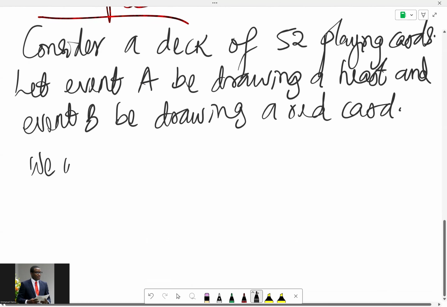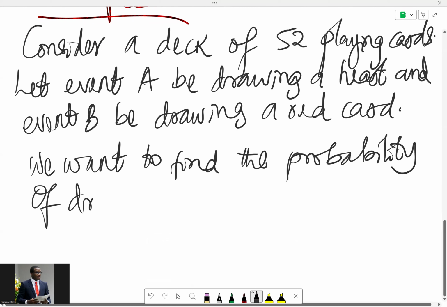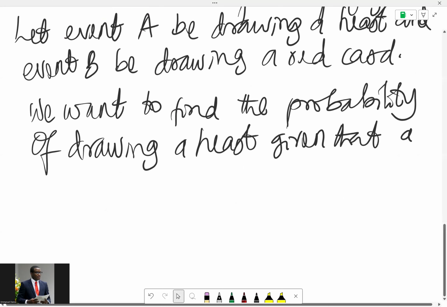We want to find the probability of drawing a heart given that a red card has been drawn.